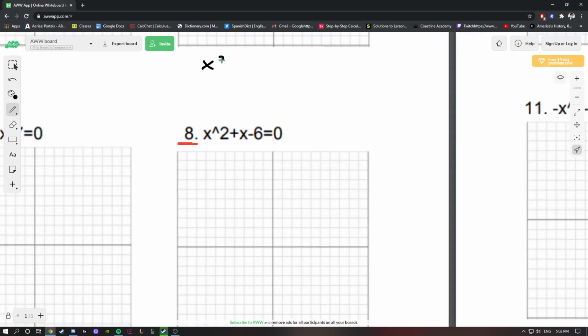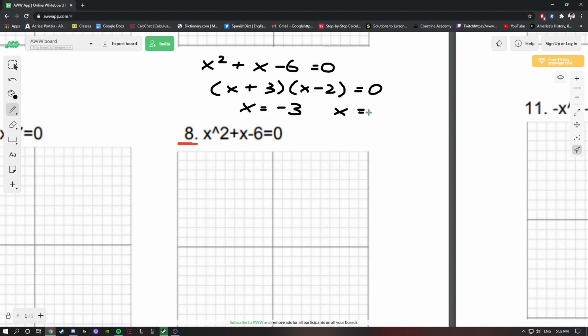We have x squared plus x minus 6 equals 0. When we factor this properly, we get (x plus 3)(x minus 2) equals 0. Our zeros are x equals -3 and x equals +2. So +2 is right here, -3 is 1, 2, -3 right here.